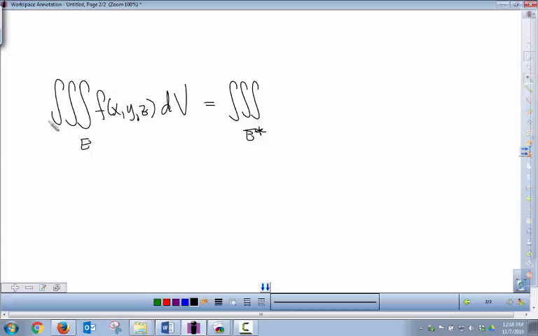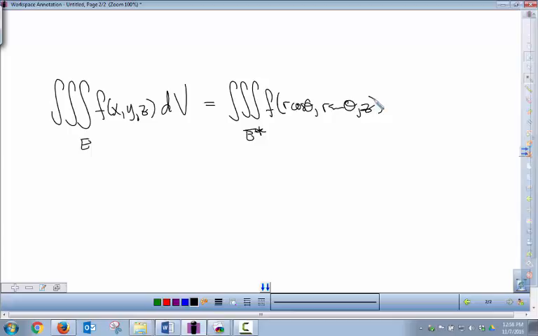And if it is in fact a circular cylinder, then we should expect constant limits. So we're going to make our transformation changes in our function. Instead of x, y, z, we're going to replace x with r cosine theta, replace y with r sine theta, and just keep z as z.